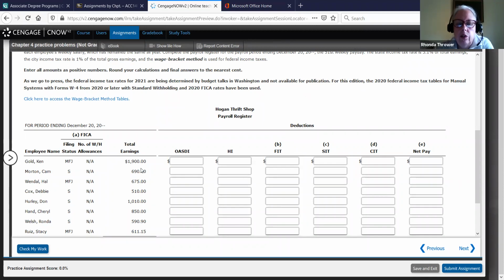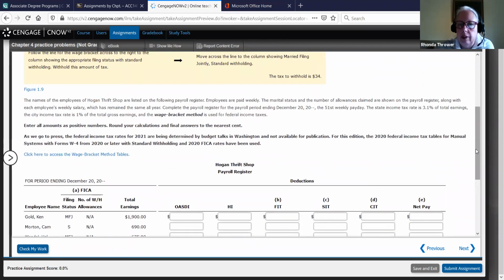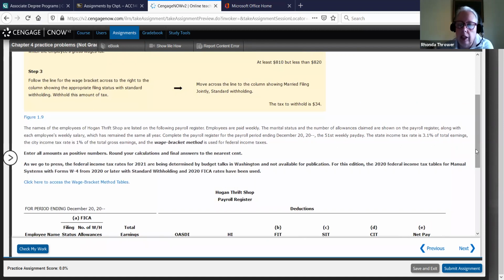His total earnings are $1,900 per week. One of the first things I did, to make sure they don't go over the OASDI base, because we have to calculate OASDI taxes first, is take $1,900 and multiply it by the number of pay periods to see if it even gets close to the base. Remember, there's a ceiling for OASDI that we've talked about previously.